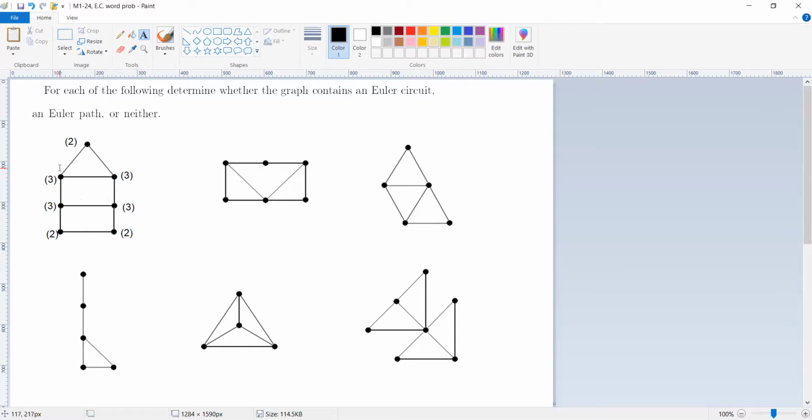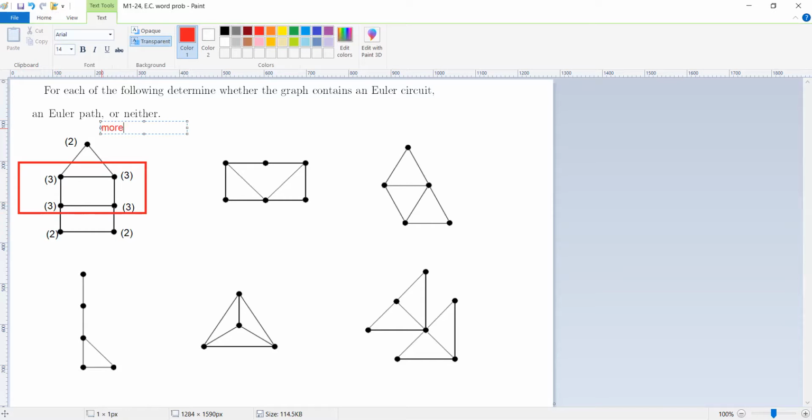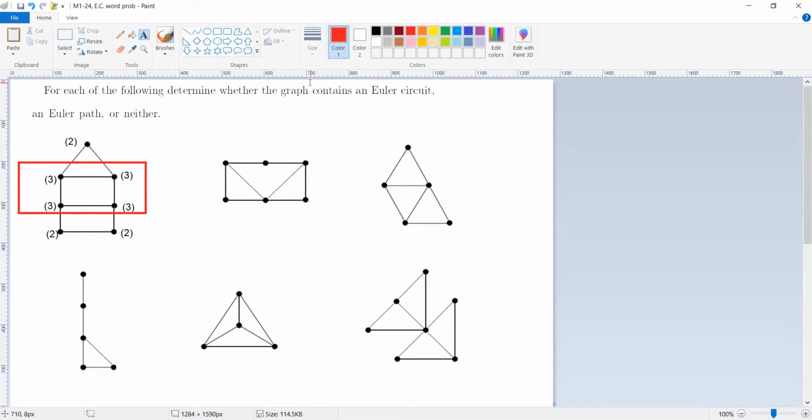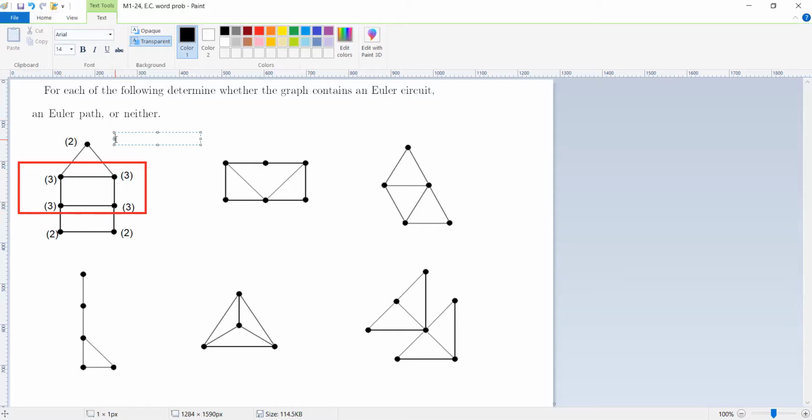So when you have more than 2 odd vertices, like we do right here, there's not an Euler path or Euler circuit. It's neither.